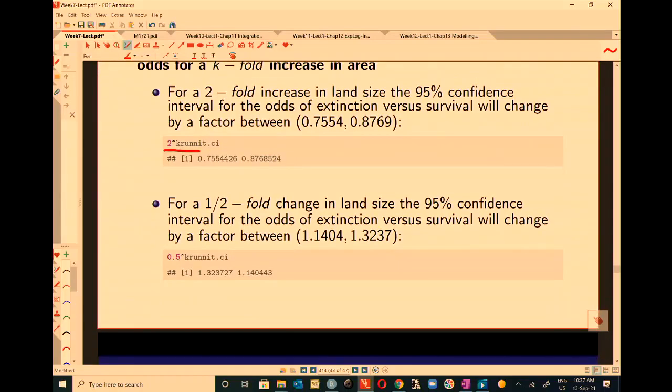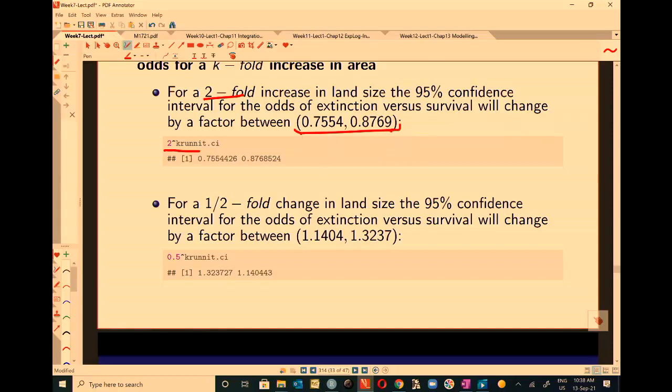So what you've got here is this idea that the confidence interval, and this is a bit complicated, for a two-fold increase here first of all, will change by a factor between here and there. So we're looking now at what happens if I double the area, by what factor will the odds of survival change? It's going to be changing by a factor that lies between here and there.